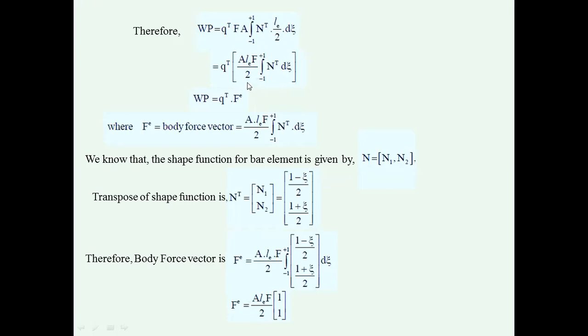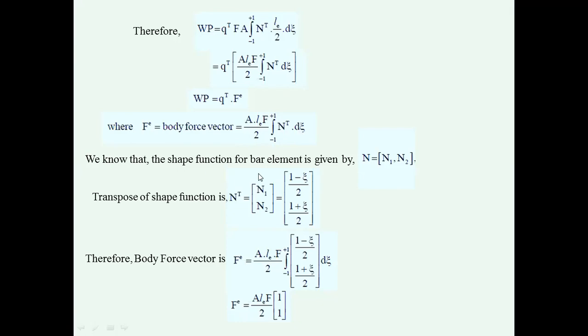This term I will represent as fe. Therefore, the work potential is defined as q transpose into fe. The value of this fe is nothing but the body force vector, which is given as A into LE f divided by 2, integration of minus 1 to plus 1 N transpose into d zeta.